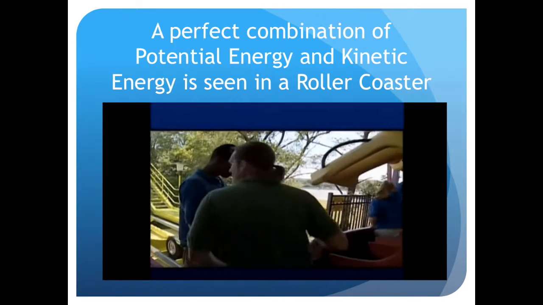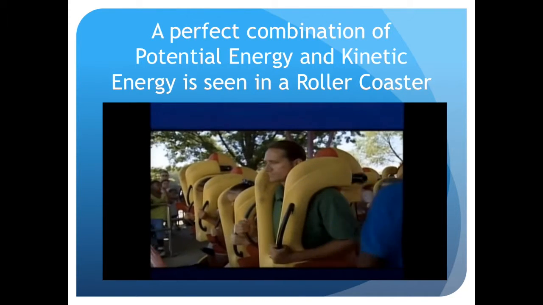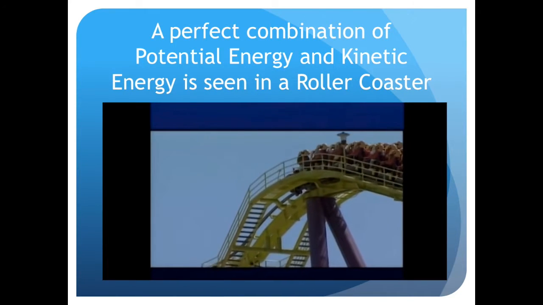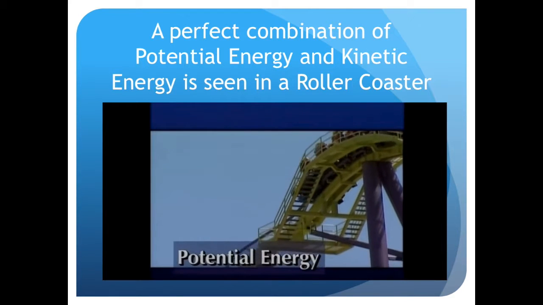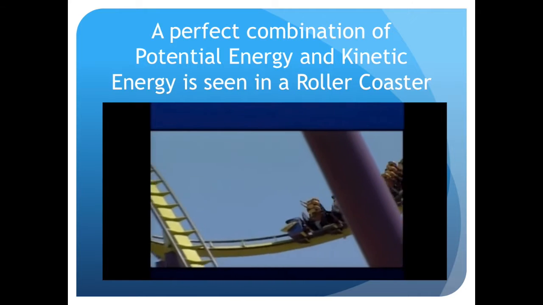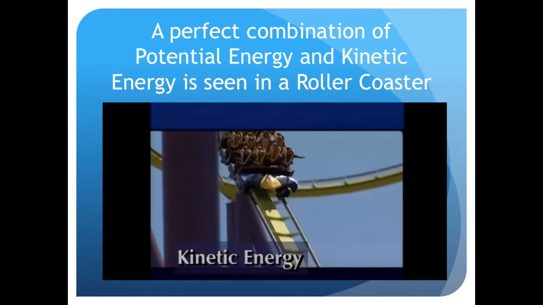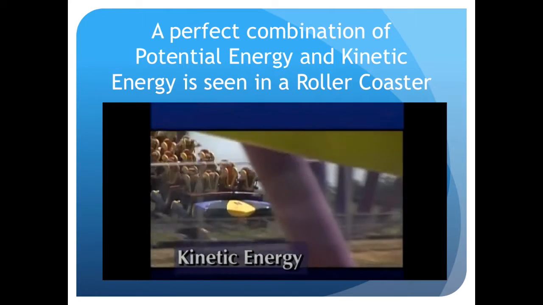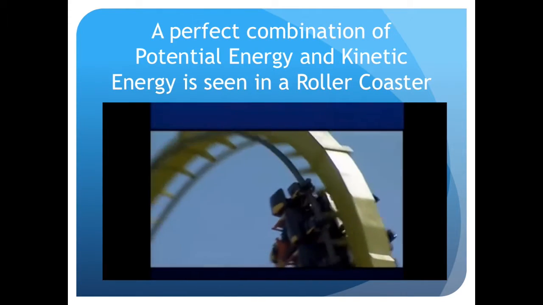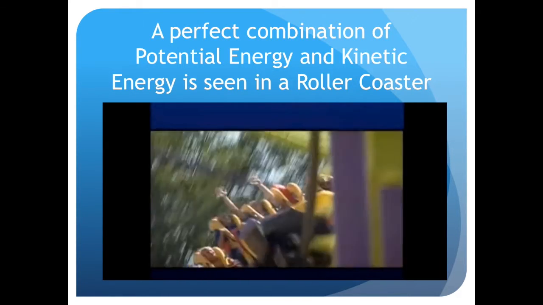On a roller coaster, what we deal with is two basic types of energy called potential energy and kinetic energy. Potential energy is the type of energy of position. On a roller coaster, we're talking about gravitational potential energy, just the height that a roller coaster might attain. With kinetic energy, what we're dealing with is the energy of velocity or speed. And as an object gains speed, it gains what we call kinetic energy.